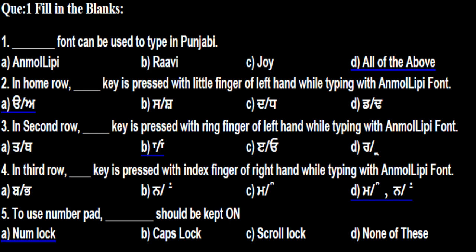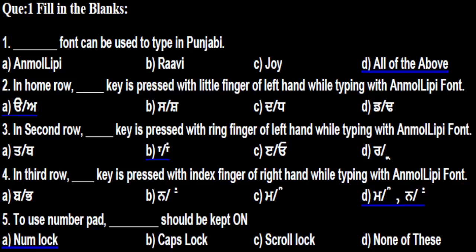Second, in home row, dash key is pressed with little finger of left hand while typing this Anmol Lipi font. This is the little finger of the left hand. With the help of this, which key do we press in Anmol Lipi?